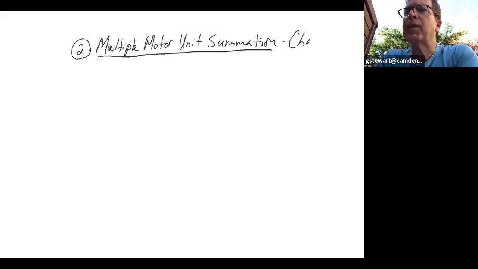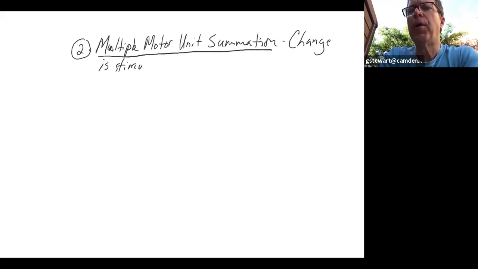It's not about time, it's not about increasing the rate. Actually, it's about increasing the number of nerve endings that we use to stimulate a muscle.